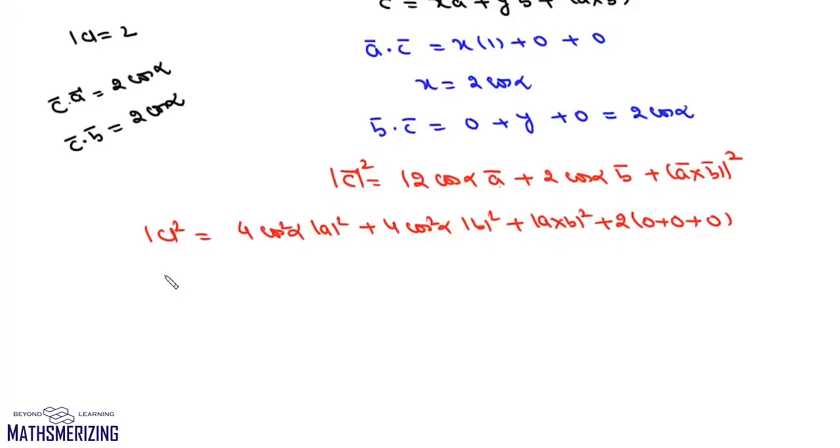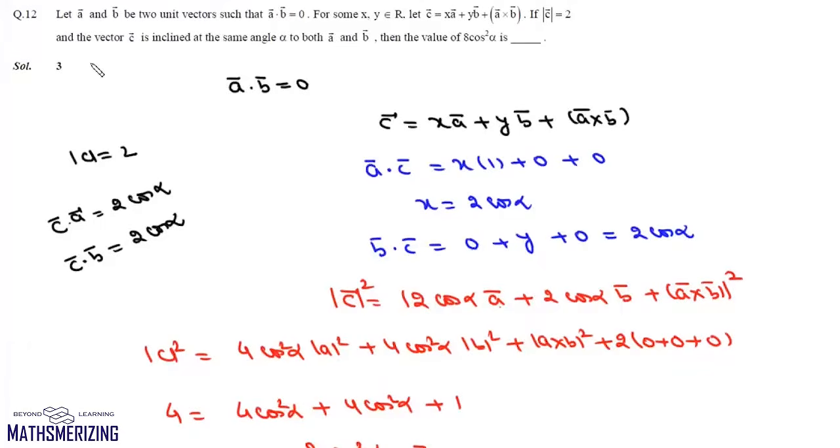So we'll get mod of C square, which is simply 4, equal to 4 cos square alpha, as A is a unit vector, plus 4 cos square alpha, plus mod A cross B, which is mod A mod B sin pi by 2, which is simply 1. So we'll get the value of 8 cos square alpha as 3. So the value of 8 cos square alpha is 3, which is the answer to this question.